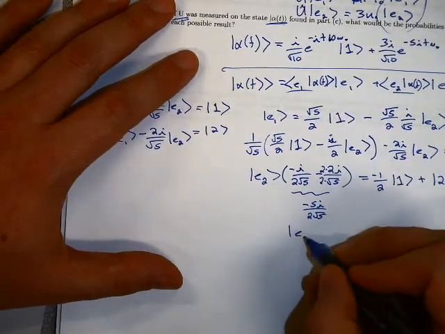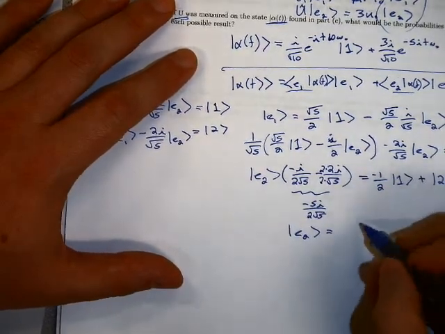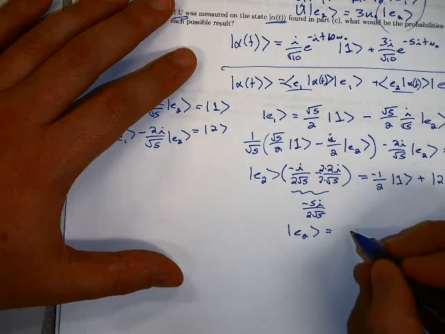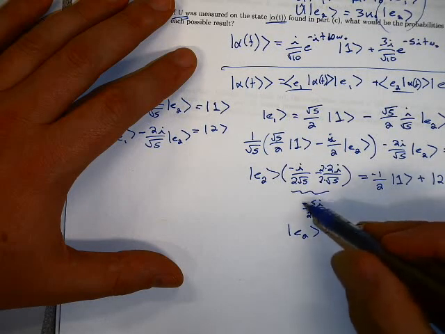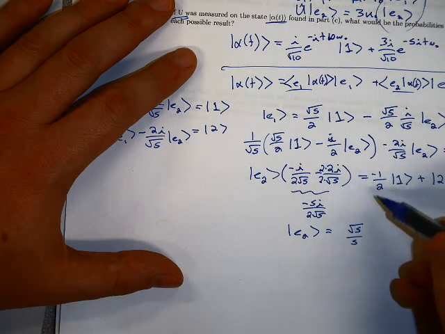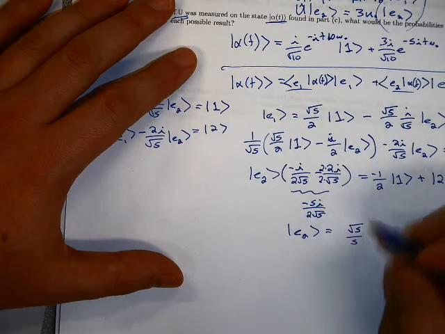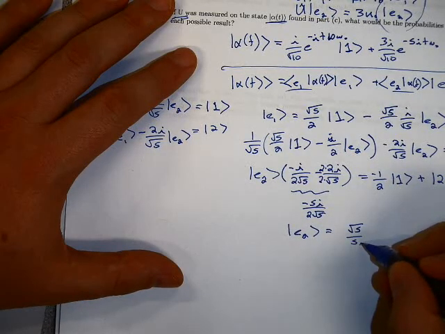And so then e2 is equal to root 5 over 5. The minus signs cancel when I divided it over, and I get an i on the bottom. I don't like i's on the bottom, so I'll multiply the top and the bottom by i.